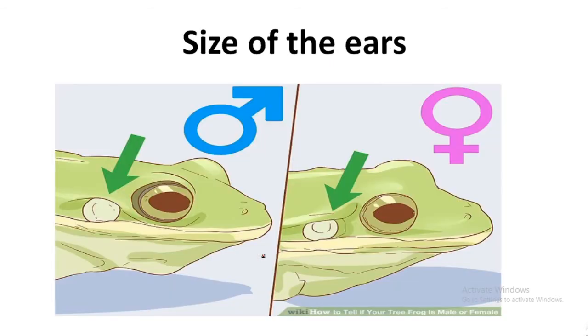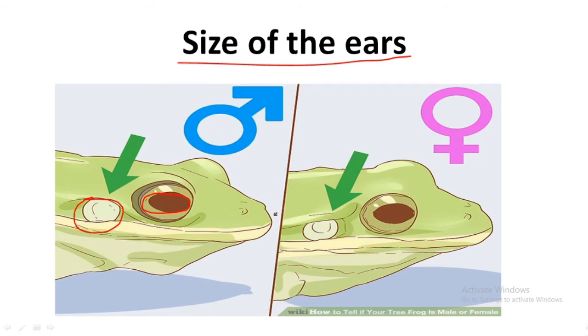Okay, and the next is the size of the ear. You can see here the ear is without a pinna like we have. In the male, the size of the ear is larger in comparison to his eye. When you compare the size of the ear with his eye, the ear is large.